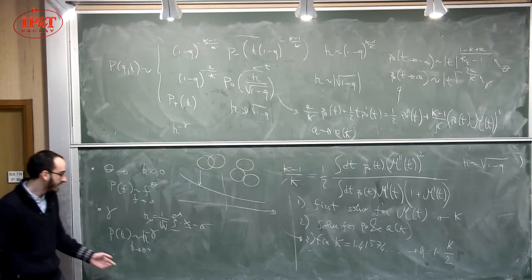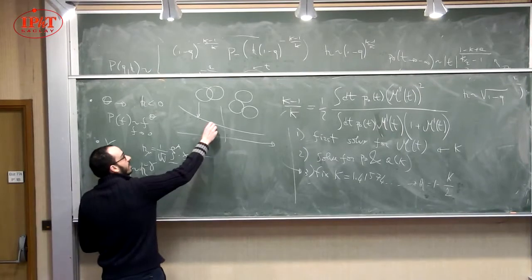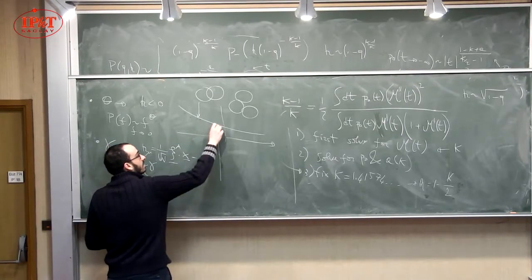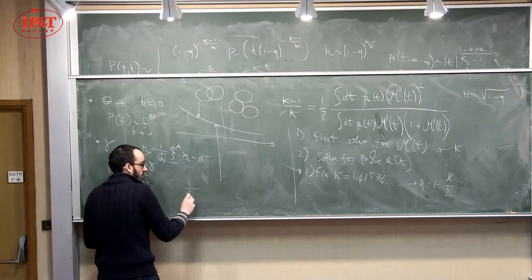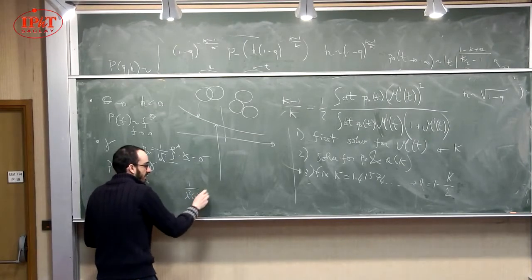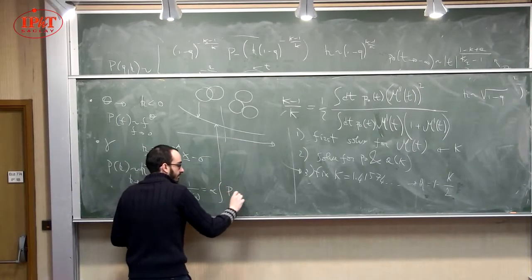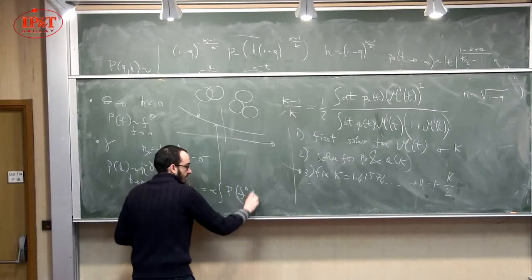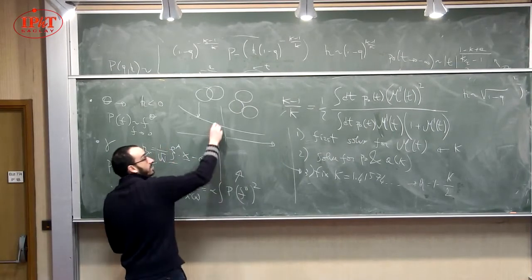The last thing you can show is marginal stability. The other relation that I told you is the one that gives you marginal stability, this one. This tells you that packings are isostatic here.